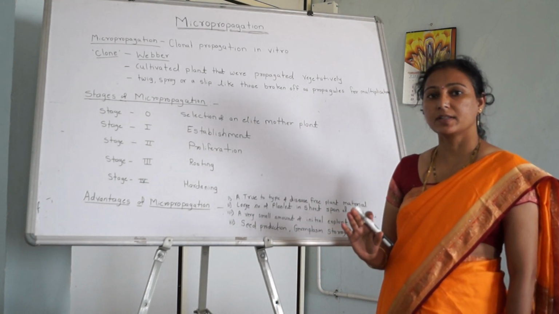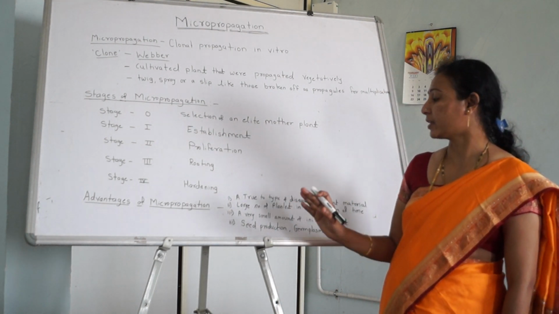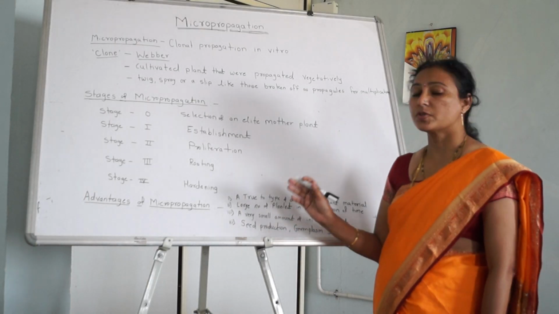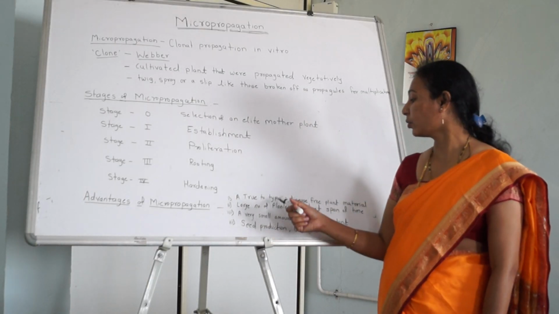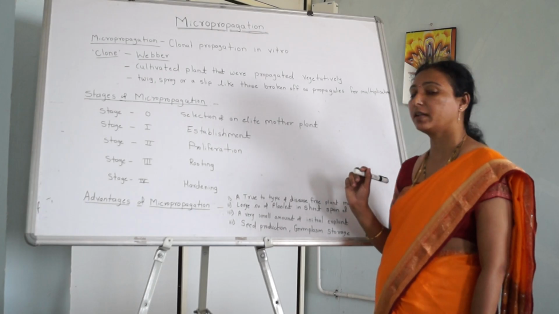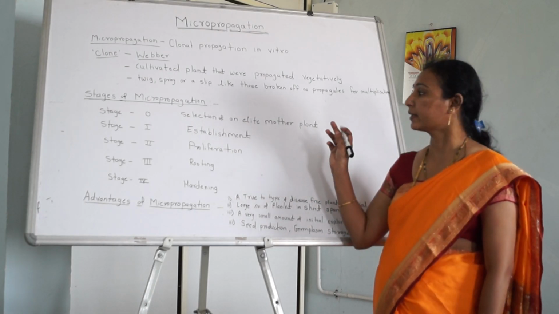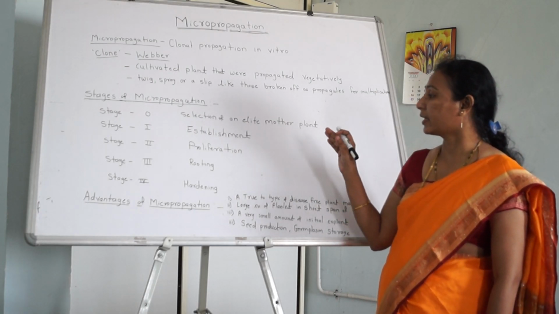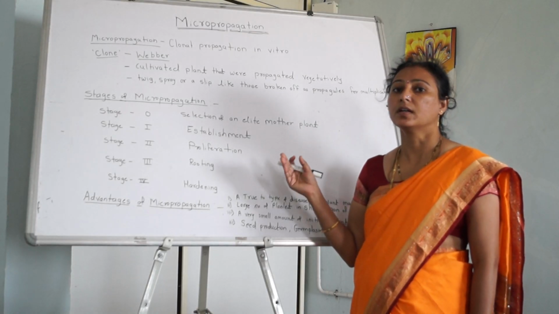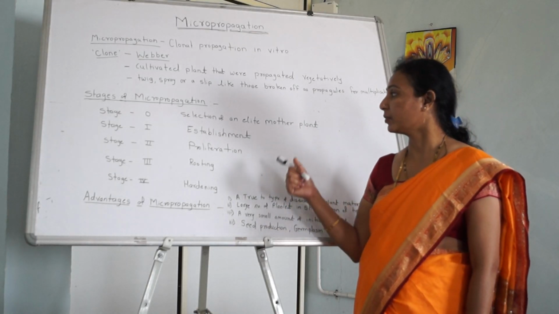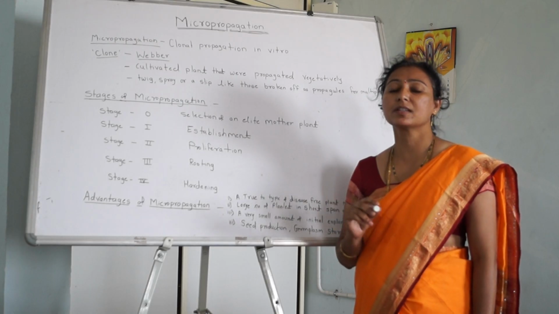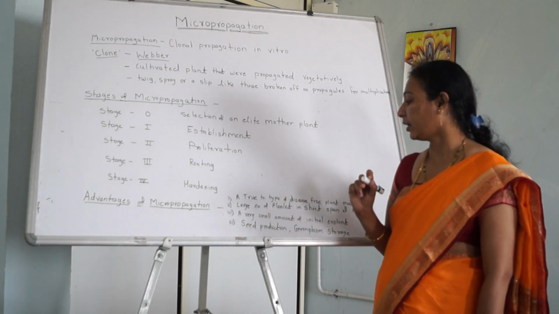So what are the advantages of micropropagation? Using this technique, true to type and disease-free planting material is produced, because we select the explant and surface sterilize it. The plantlets formed under aseptic condition are free from any kind of disease.